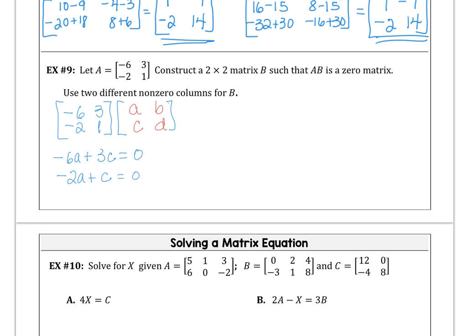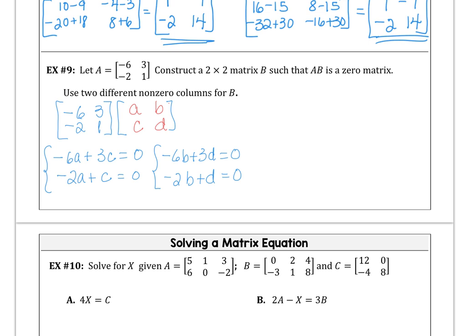So that's 2 of them. And then for row 1, column 2, -6 times B and 3 times D has to be 0. And then -2 times B and 1D has to be 0.